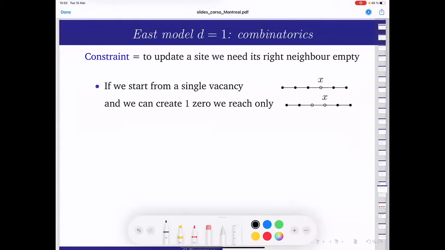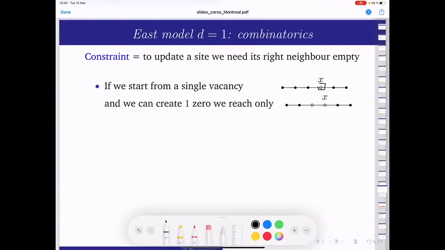Start from a configuration which has a single vacancy. Here, depicted on my drawing, I have a single vacancy at site X. If I do a sequence of updates, you can do whatever you want, any sequence of updates you want, but you can create only one additional 0, besides the one that you had at the beginning.